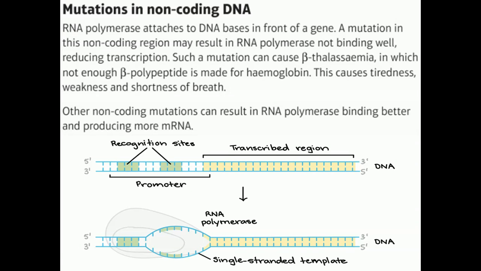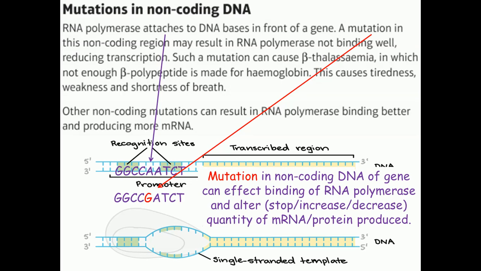Mutations could also have an effect if they happen in front of the gene. This is because we learnt in transcription that RNA polymerase attaches to the non-coding region in front of the gene. So if a mutation happens there, it will affect the binding of the RNA polymerase. Now the RNA polymerase's function is to produce mRNA, which can then be used to produce protein because it contains the genetic code, the instructions to make the protein.